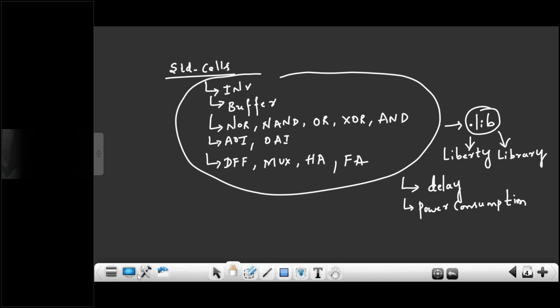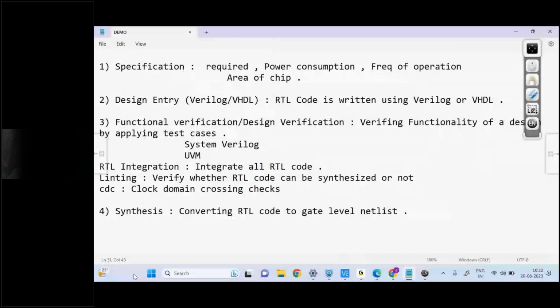Alright. So what are all the inputs for synthesis? To convert RTL to a gate level netlist, what are all the inputs? What is the first input? One is your RTL, .v. Without RTL, you cannot do it. So RTL is your .v or .vhd.